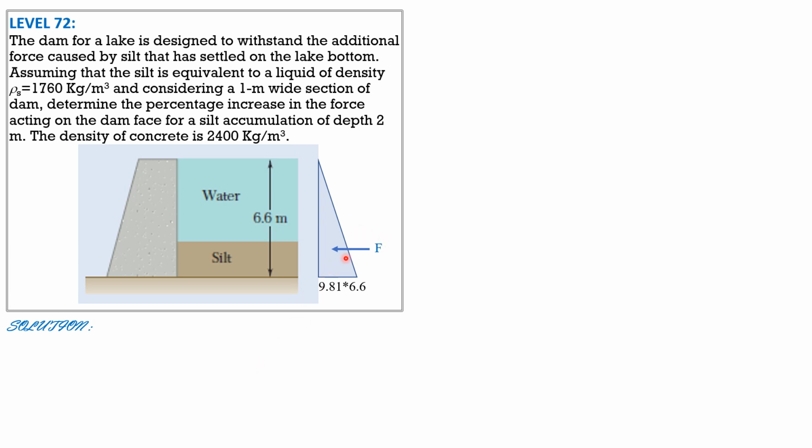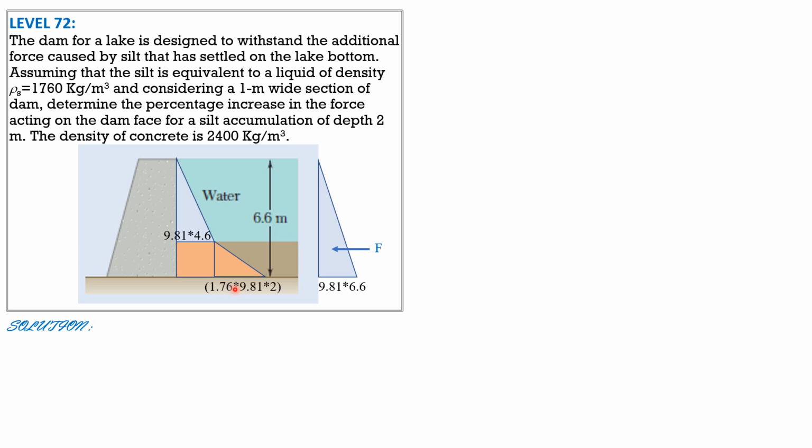So this is the original force, which is equal to the volume of this pressure diagram. And this is the pressure diagram with the silt, 9.81 times 4.6, where 4.6 is 6.6 minus thickness of silt, which is 2. And we have to transmit the pressure, and we have another pressure here, which is 1.76 times 9.81 times 2 meters, the thickness.